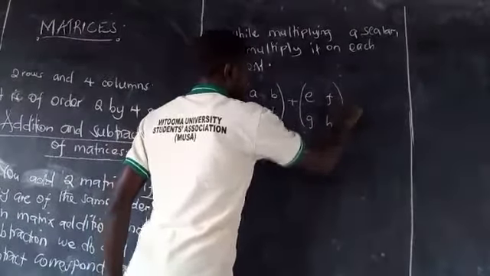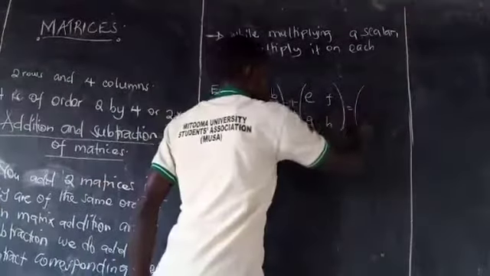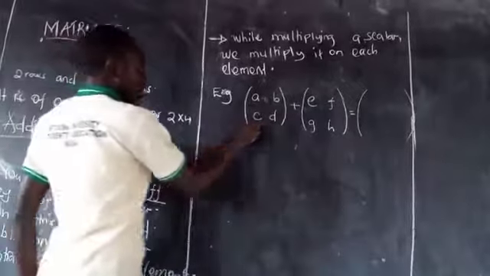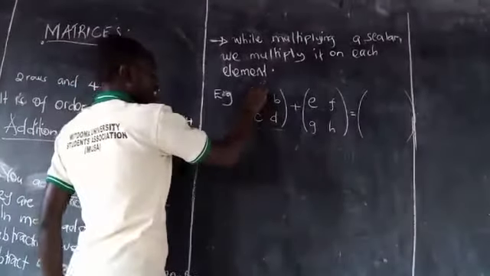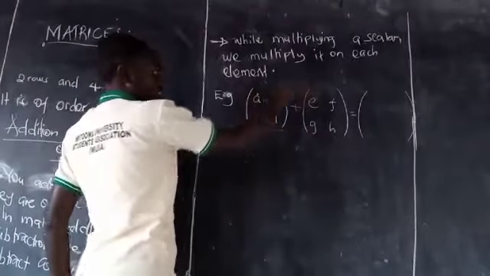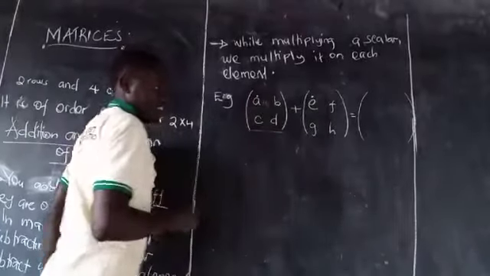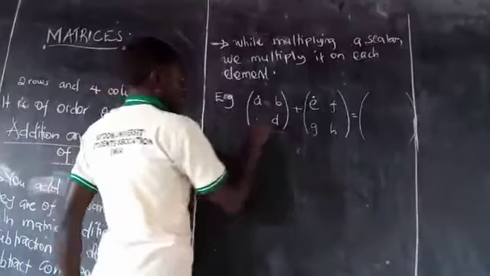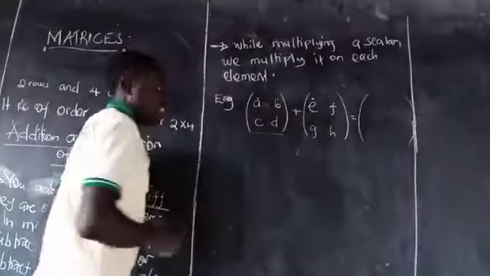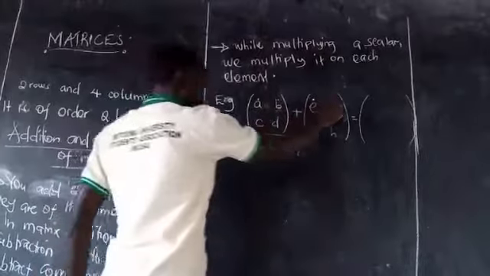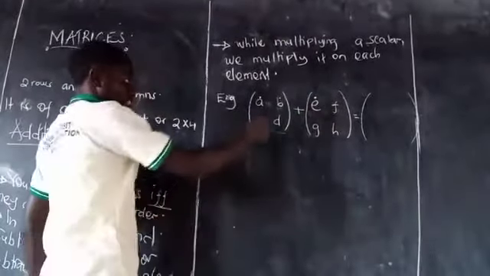They are saying I must add the corresponding elements. The first element in the first matrix is added to the first element in the second matrix. And then the second element in the first row of the first matrix is added to the second element in the first row of the second matrix.